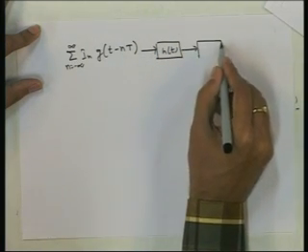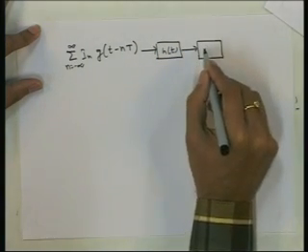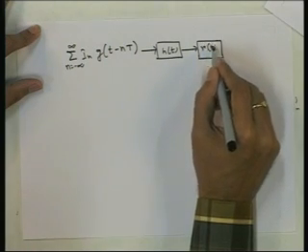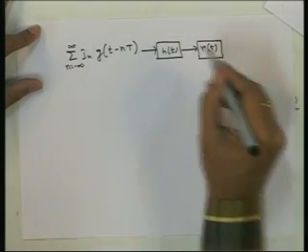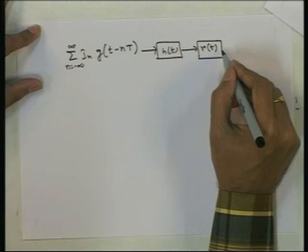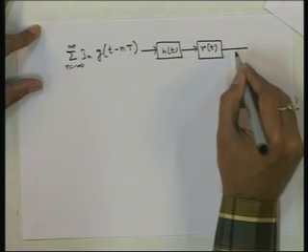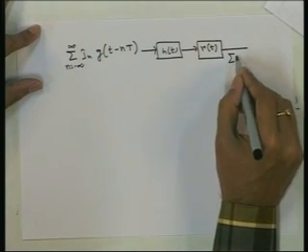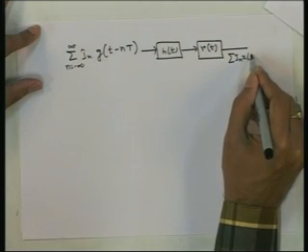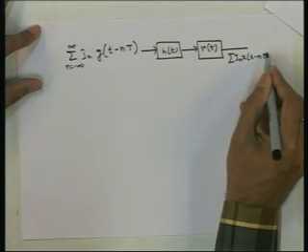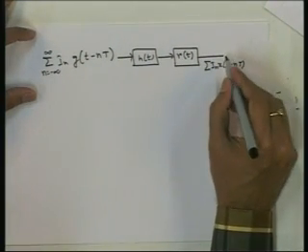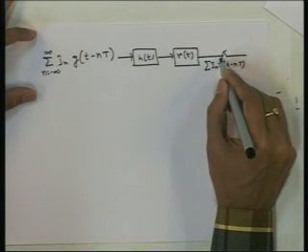We are not drawing the noise here, but noise is there. We are not considering what will happen to the noise at this moment. So, here what we have is summation I n x t minus n t, and then we have sampling.